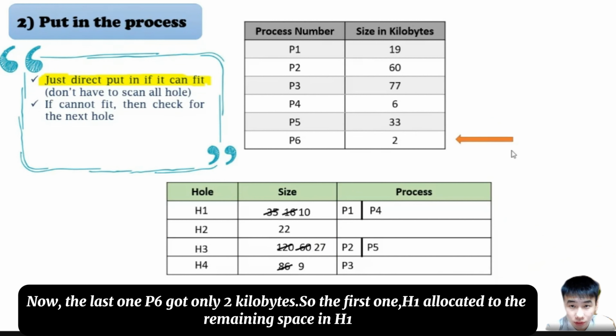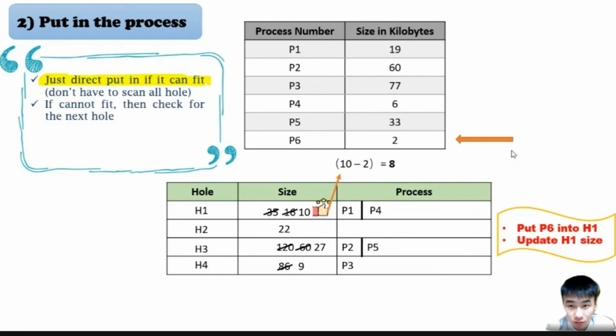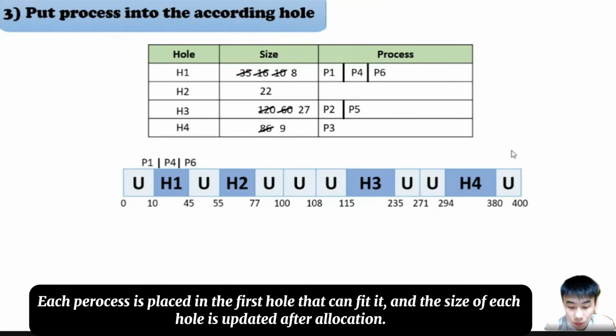Now the last one, P6, is only 2 kilobytes. So P6 is allocated to the remaining space in H1, which now has 10 kilobytes minus 2 kilobytes, leaving 8 kilobytes. Each process is placed in the first hole that can fit it, and the size of each hole is updated after allocation.